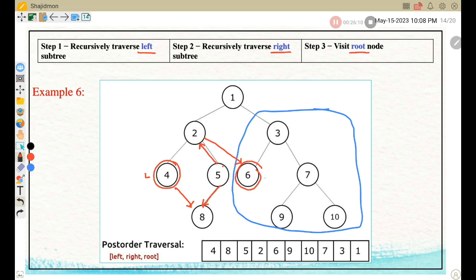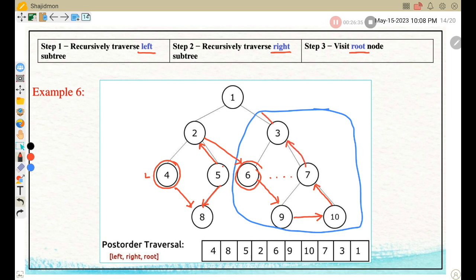Now number 6 we cannot visit immediately, correct? Because this vertex has one left part here, correct? So after 6, we need to visit number 9 here. So we will write here after 6, number 9, then we need to visit the right vertex number 10. Then we need to visit the 7 vertex, the parent, then we need to visit 3.